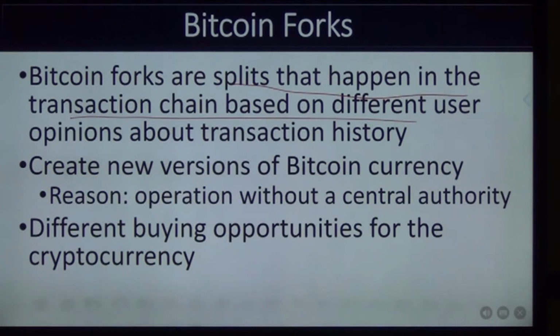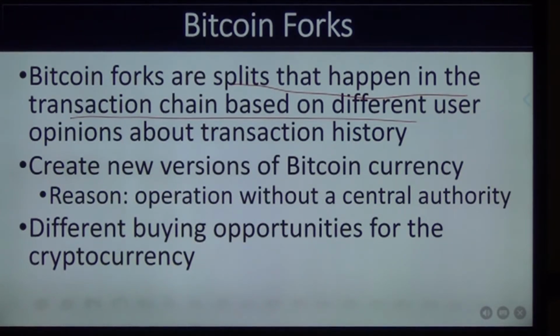So they may go one way, and we will see why, and they make a fork, like 2 parallel streams start running, 2 chains of blocks start running. It creates new versions of Bitcoin currency, and after a while, once people realize a fork can sustain itself, they have to name it a new currency, and it starts trading in the market as well.